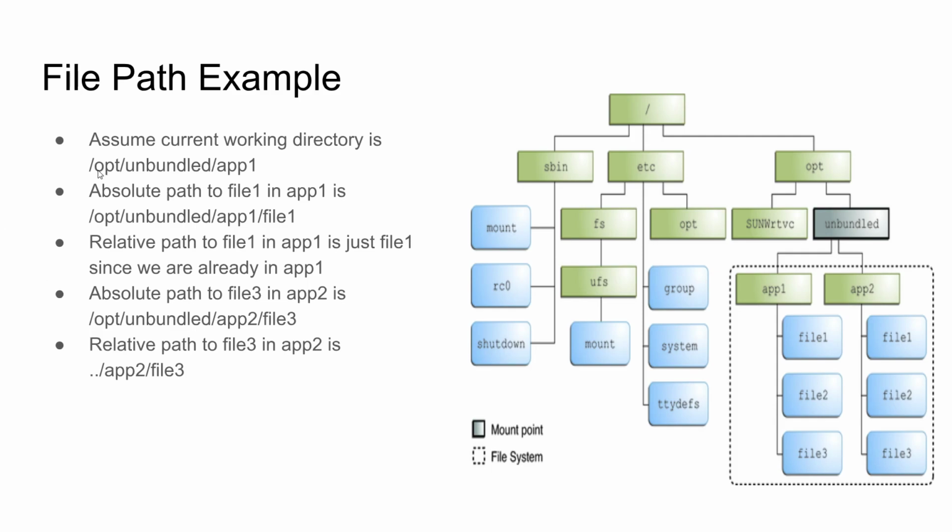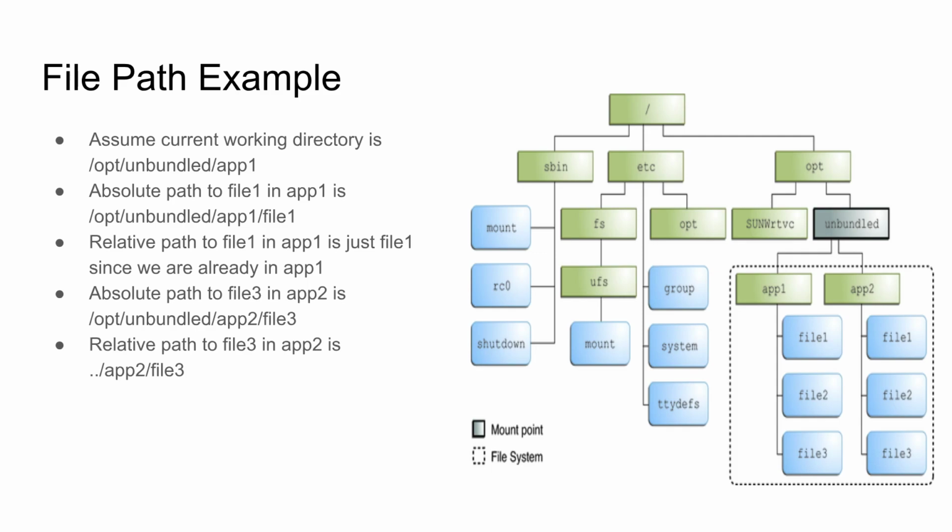So in this example, we're going to assume that our current working directory is /opt/unbundled/app1. What command could we run to figure out what our working directory was? pwd, right? Print working directory. And that's how we know that we are actually here right now.